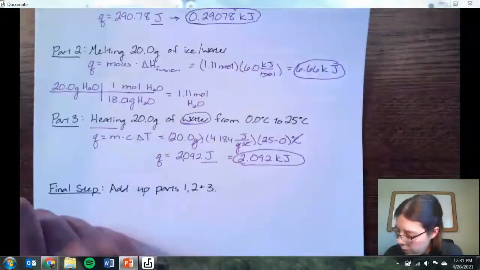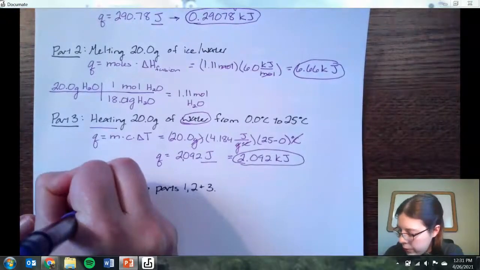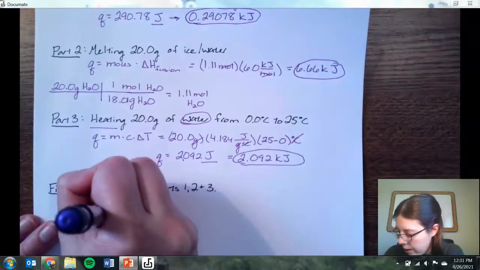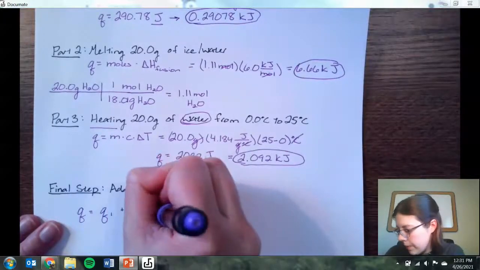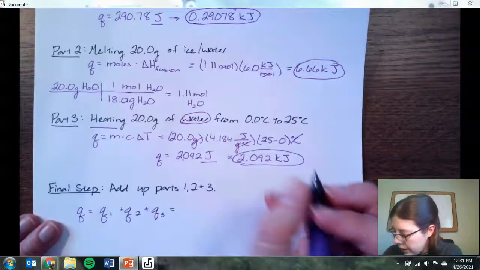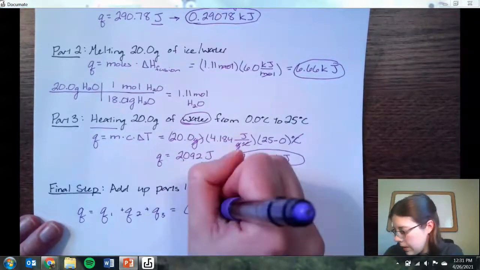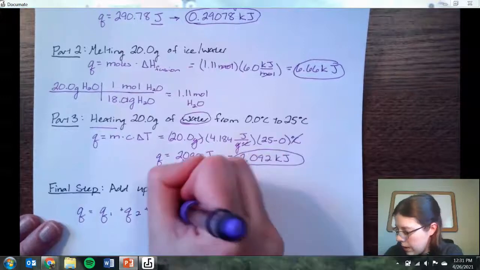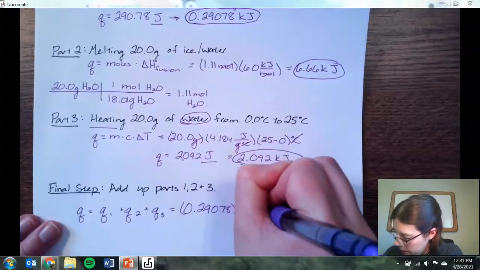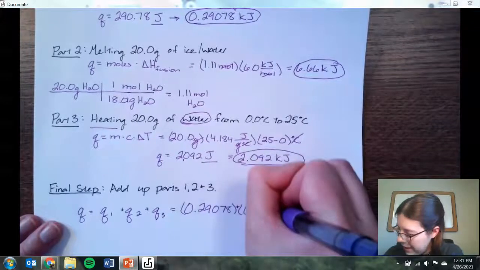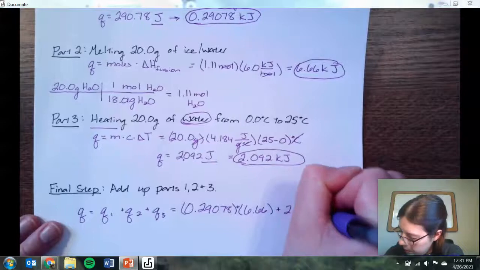Okay, so Q overall is equal to Q of part 1 plus part 2 plus part 3. So I'm going to take the 0.29078 plus 6.66, get my plus sign, plus 2.092.